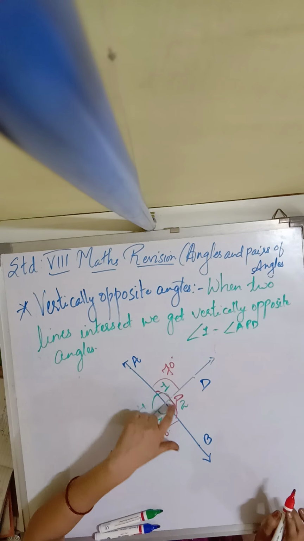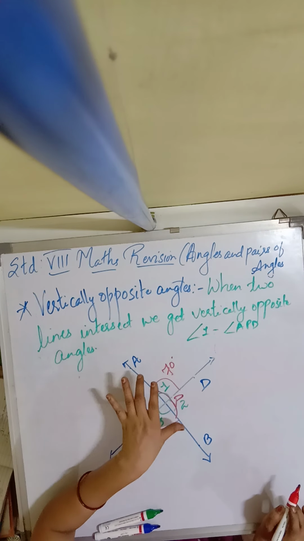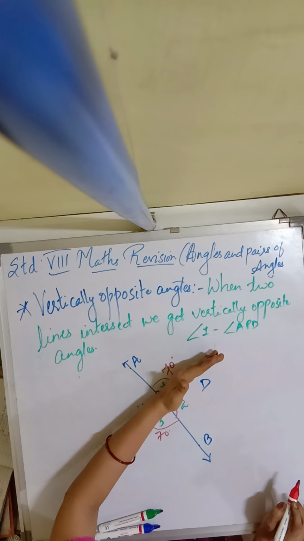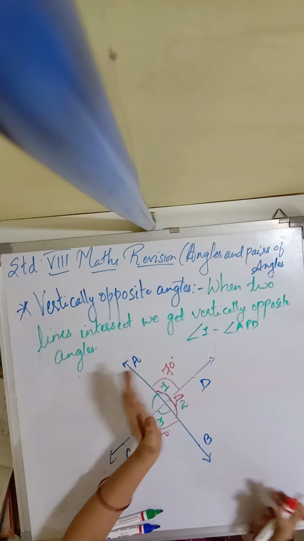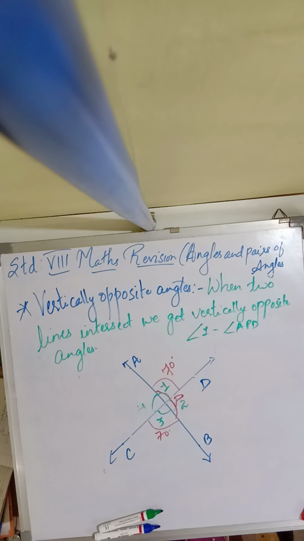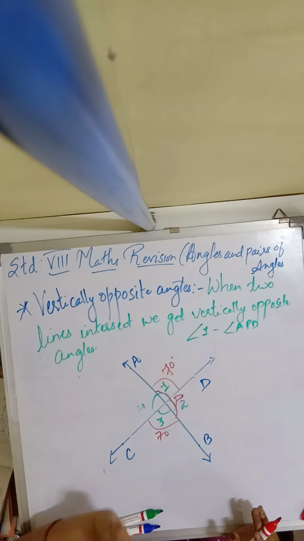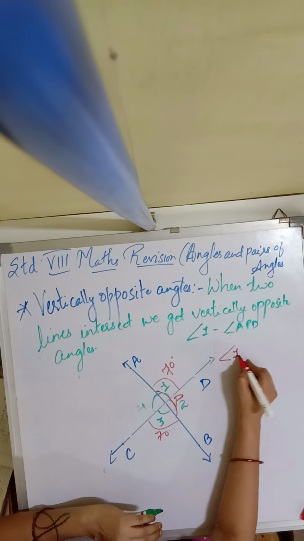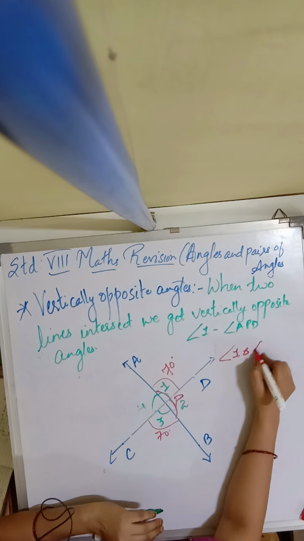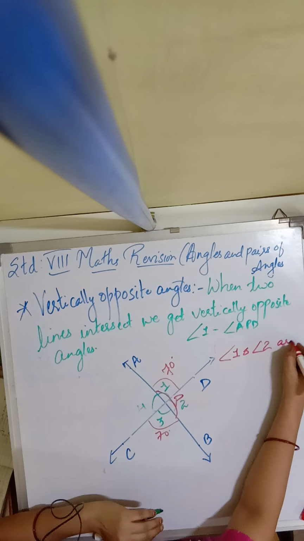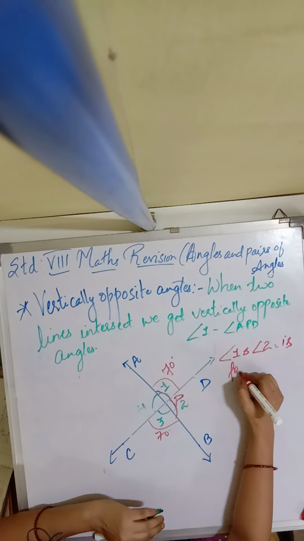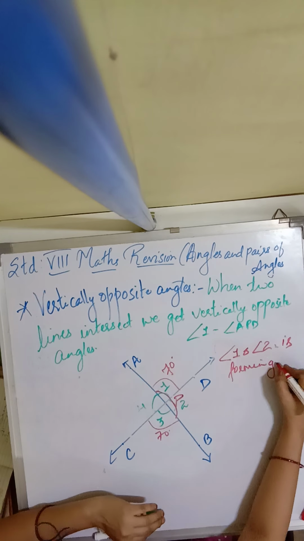So angle 1 and angle 2, if you observe carefully, are nothing but angles in a linear pair. Yes or no? Why? Because one arm is common and the other arm is forming a straight line. So we know that angle 1 and angle 2 are forming a linear pair.